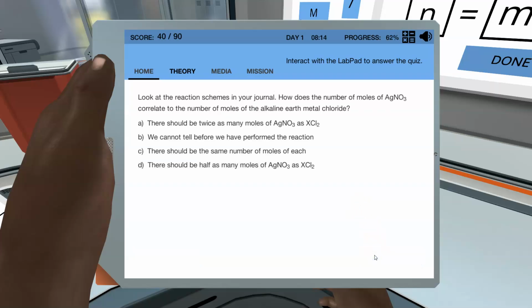Look at the reaction schemes in your journal. How does the number of moles of silver nitrate correlate to the number of moles of the alkaline earth metal chloride?